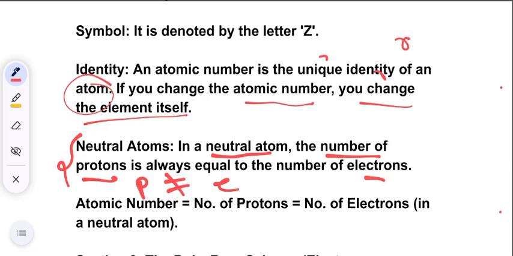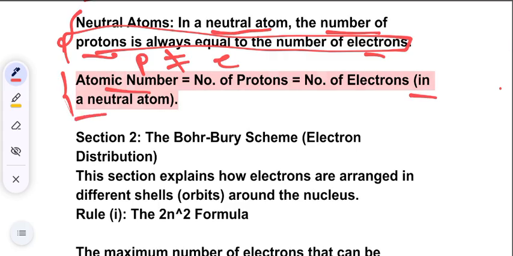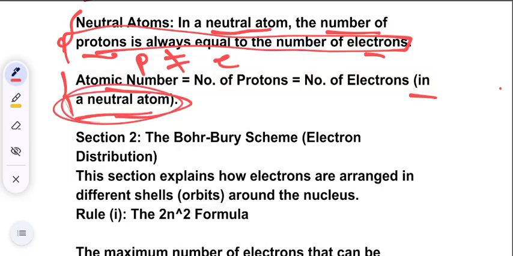Here the number of protons is equal to the number of electrons. Point to be remembered. Now the next topic is atomic number in a neutral atom. Here it simply means the number of protons is equal to the number of electrons.